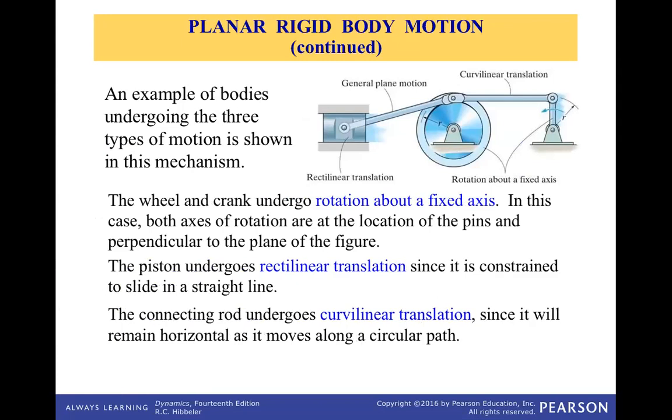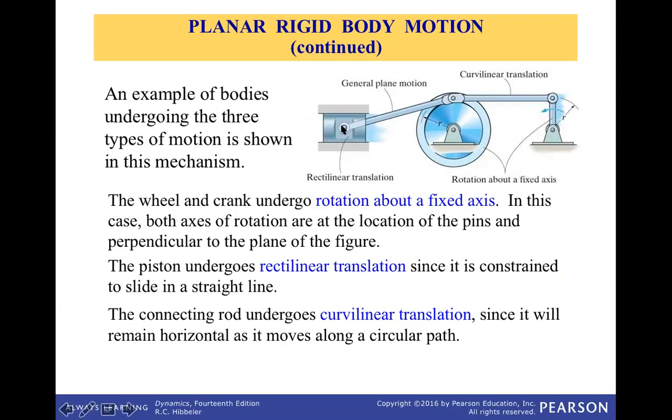Let's take a look at an example here. This is part of a machine. You can see that if this is rotating, then this cylinder or piston is going to be going back and forth.